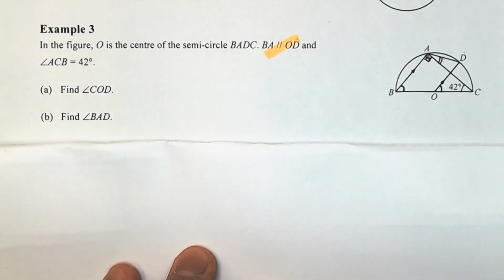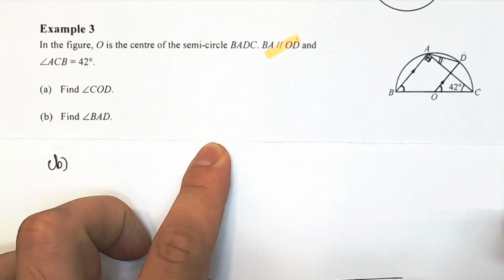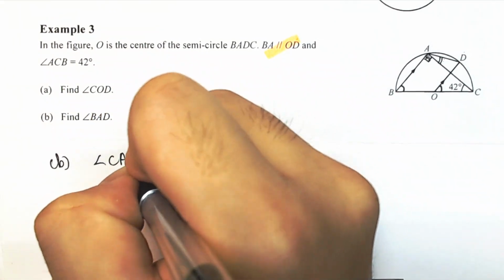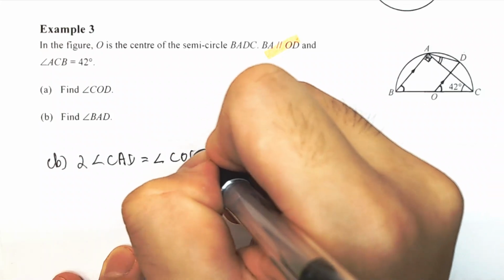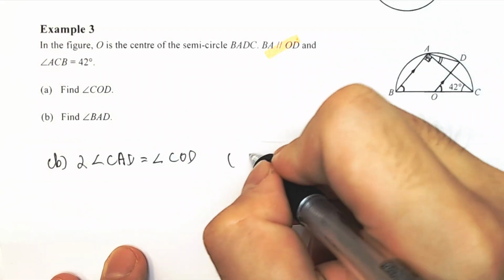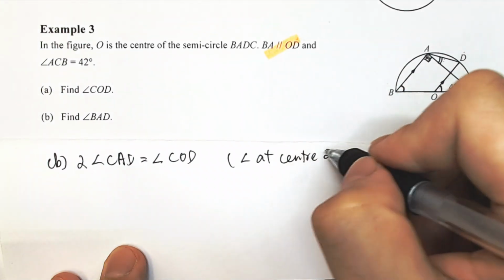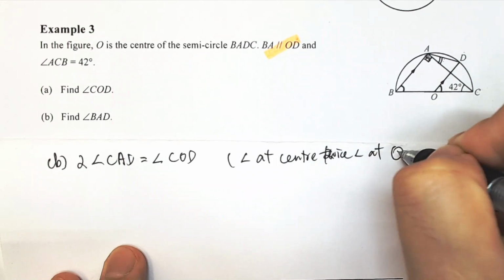Okay, part B. We know that angle CAD times 2 is equal to angle COD. Angle at center twice angle at circumference.